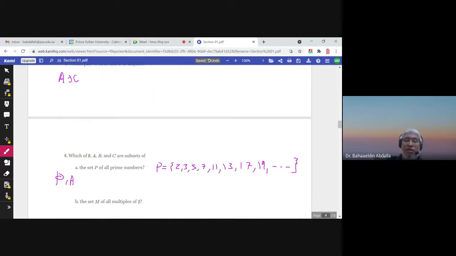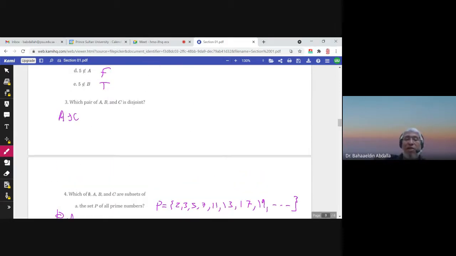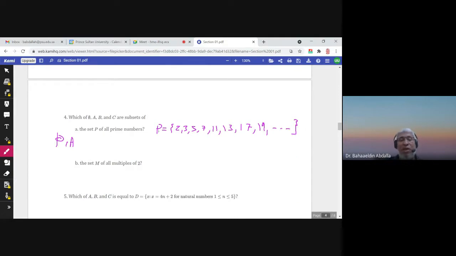So B is not a subset of P. What about C? 6 is not a prime number because you can divide 6 by 3 and by 2. 10 also is not a prime number. So the only subsets of P are phi and A.